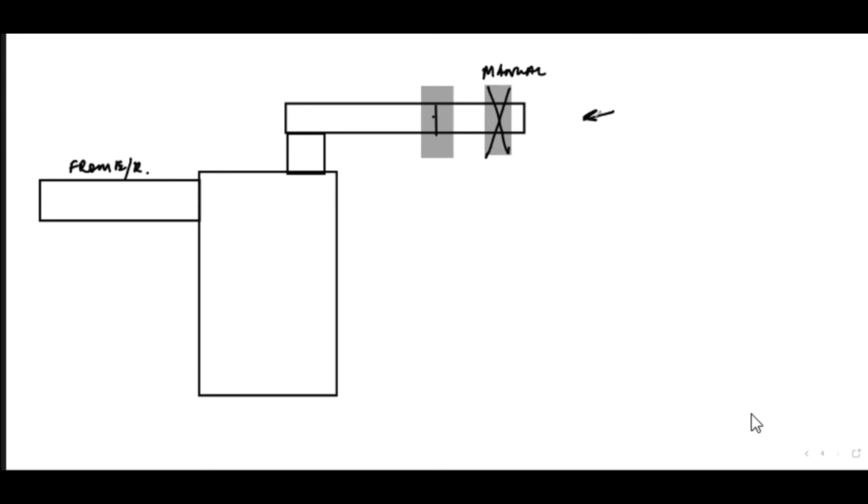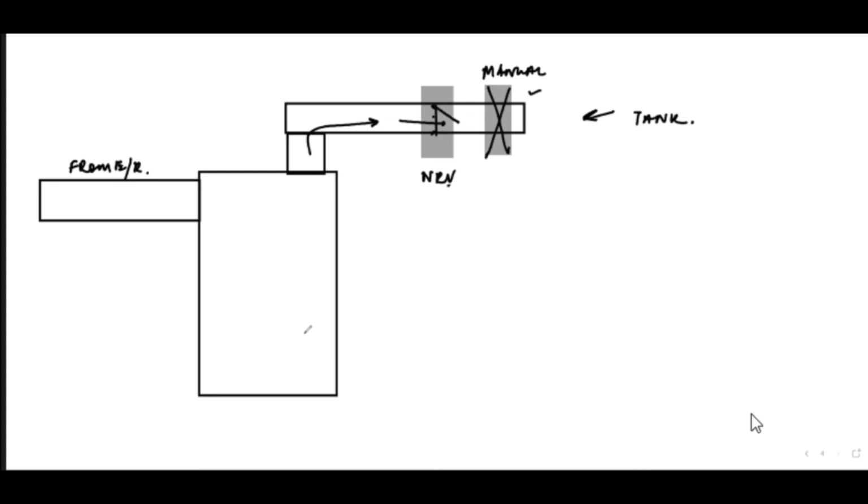If the pressure increases in this area, the flap sits very tightly. Once the pressure increases in this direction, the flap opens up like this, and the gas can flow through into the tank. This is the NRV. So manual valve, NRV, and then we have the deck seal.